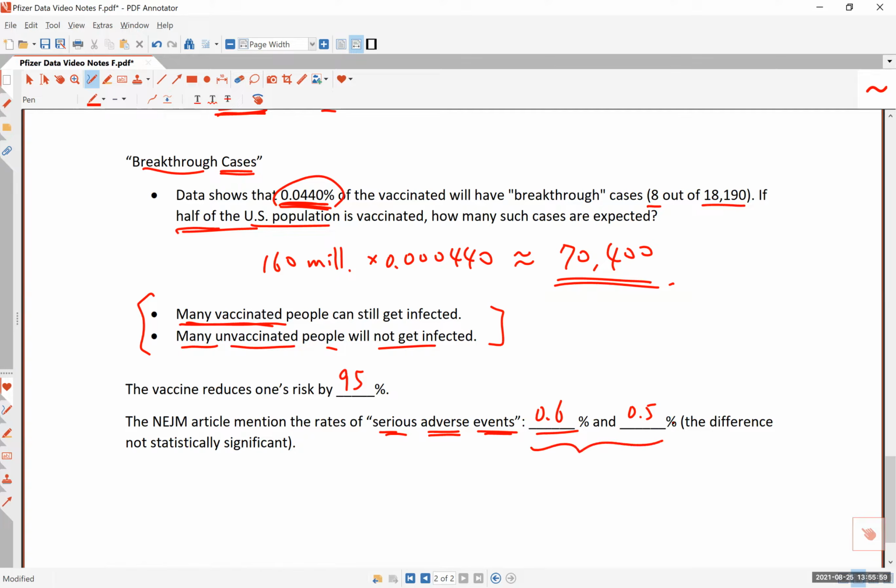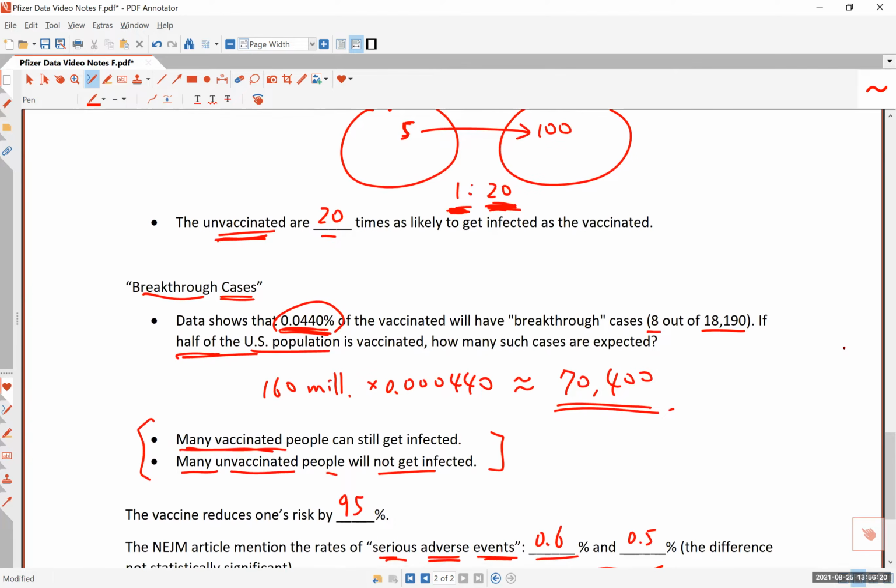The difference between these is what we call a difference that is not statistically significant. Basically, they're about the same, which means that you don't really have to worry about the serious side effects. Do they happen? Yes, but very, very rarely. So these are the numbers that you need to consider when you start thinking about vaccines and their effectiveness.